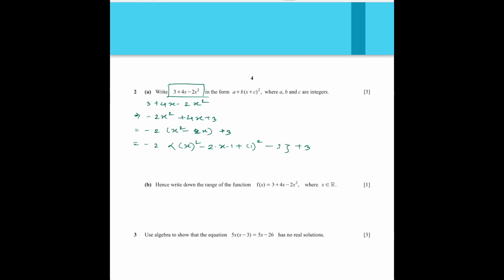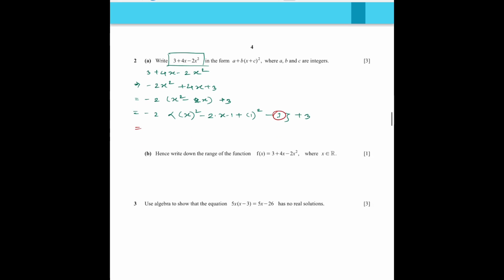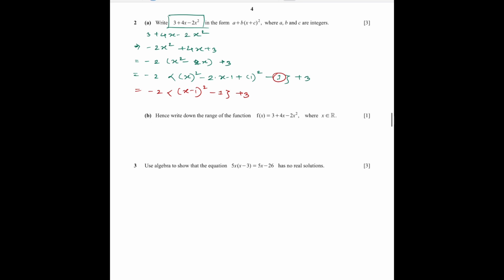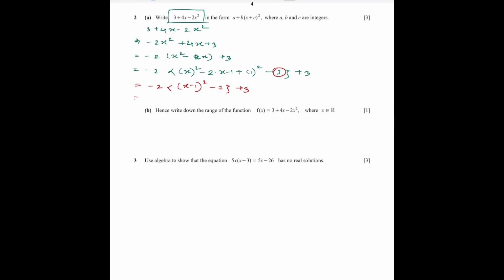So this 1 is an extra, so it is multiplied with negative 2. So now negative 2 times (x minus 1) whole squared minus 1 plus 3.